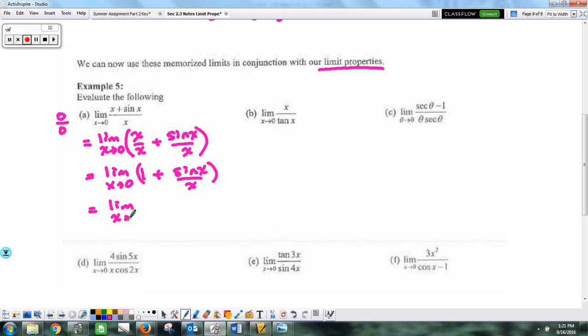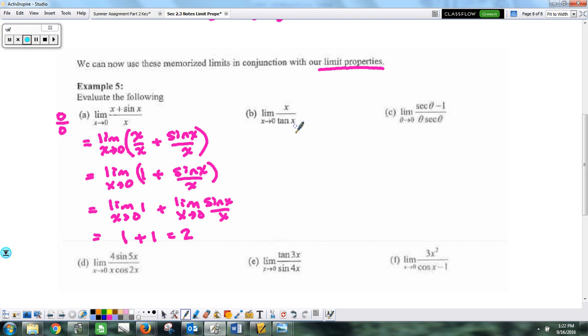So we can take the limit of 1, take the limit as x goes to 0 of sine of x over x, and end up with the limit of the constant is 1 plus the special limit of 1 to get my final answer of 2. So sometimes you just have to do a little algebra, recognize that you have that special limit in there, and manipulate it algebraically to pull it out so you can apply your limit properties.